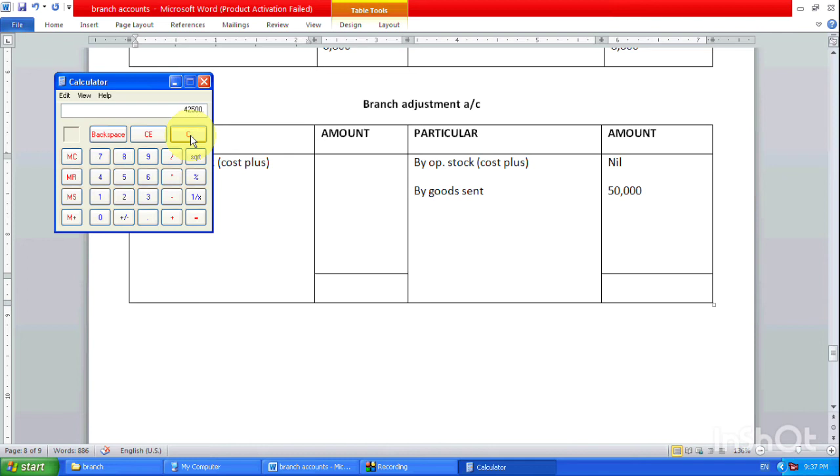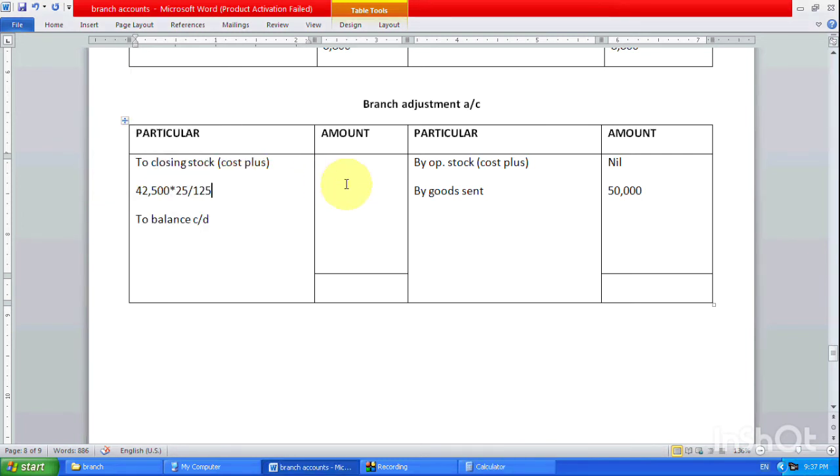See on calculator how much we are getting. 42,500 into 25 divided by 125. Okay, so the overall amount we are getting is 8,500. Now this is 50,000, this is 8,500, means overall 42,500. So right here 50,000 and here also 41,500. Okay, because this is 8,500, so 41,500.